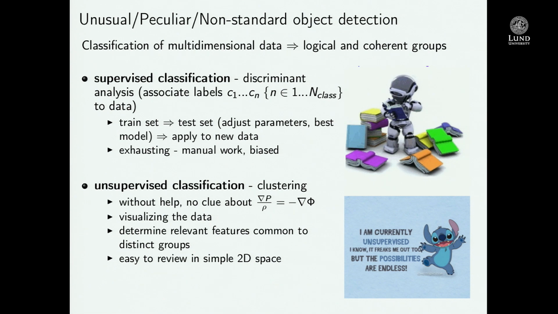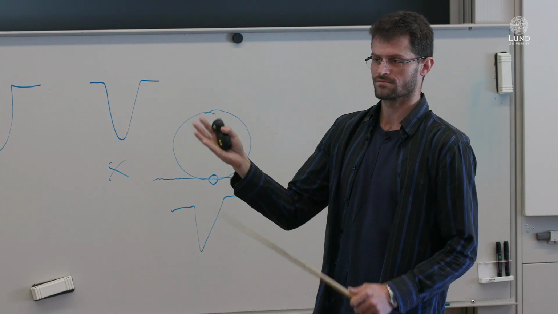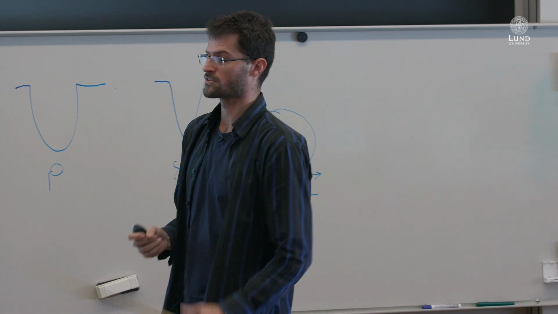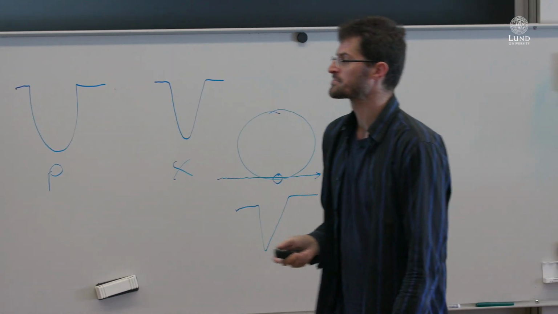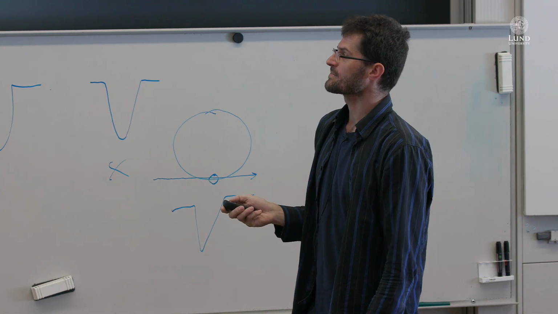Whereas with unsupervised classification, in other words, clustering, you can actually just put the data in without worrying about the labels, and then you can look at the results, and then applying your knowledge, you can decide what is what. Because this actually produces a visualization of the data, and it produces distinct groups that you can see by eye. So that's what we're doing in this case.